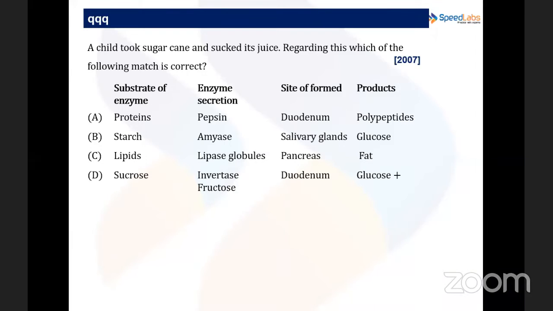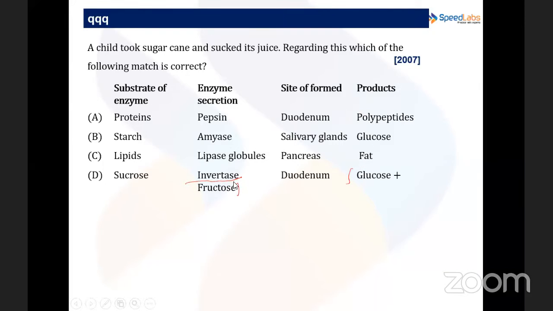Option C, lipids; enzyme secretion, lipase; site of formation, pancreas; products, fat. Option D, sucrose; enzyme is invertase; site of formation is duodenum, and products are glucose plus fructose.